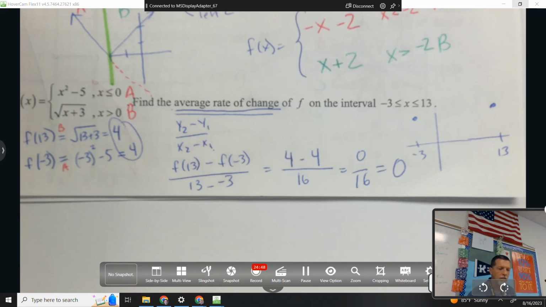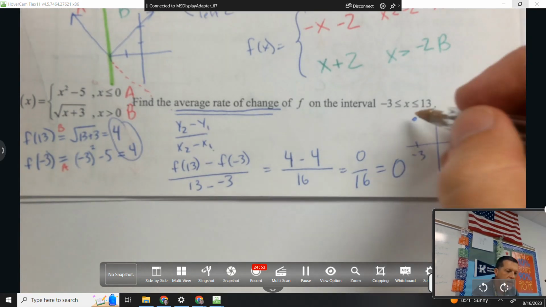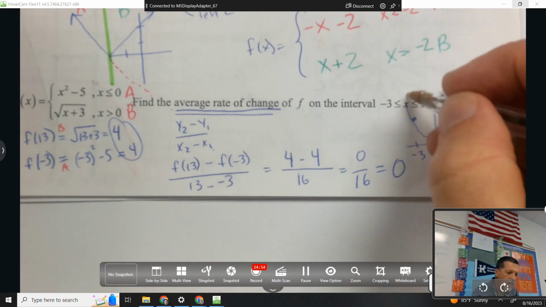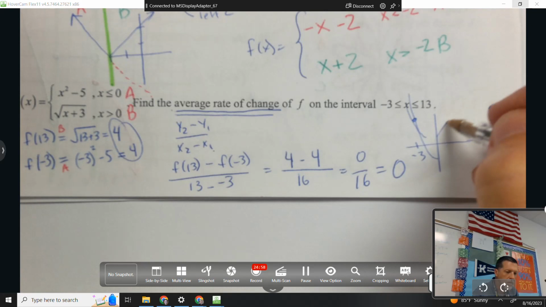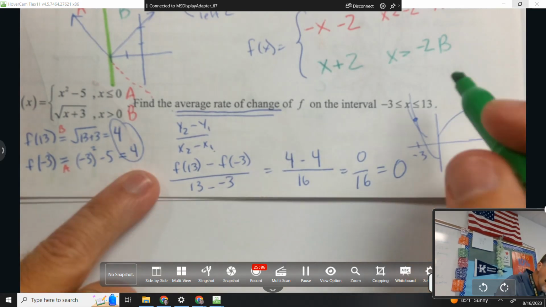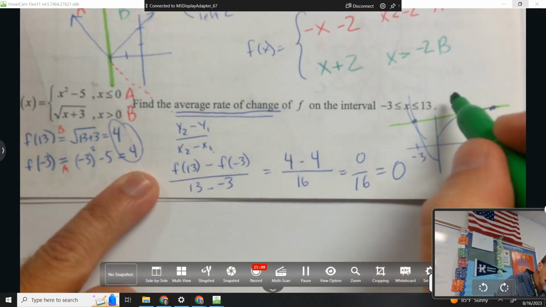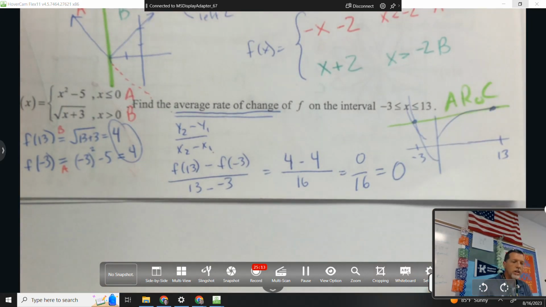Even though in between there, who knows what's going on. That's like a parabola. The other side is some weird square root. I don't know. But it doesn't matter. I don't care about those. I'm only looking at this overall average rate of change slope line, which is only looking at those 2 points.